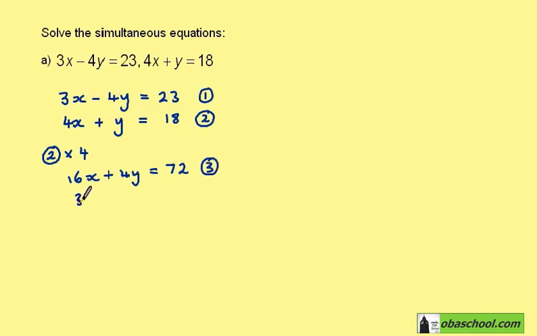Equation 1 is 3x take away 4y is equal to 23. We now have the same number of y's, and the signs are different. Different signs means we add.